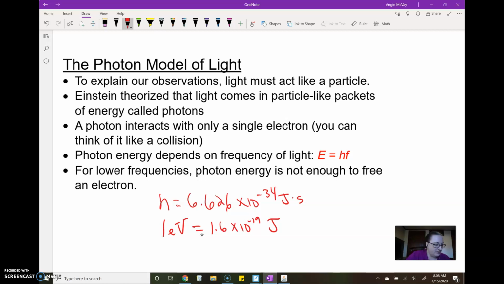Now, you may have seen this equation in chemistry class, looking at energy of photons, especially if you studied emission and absorption spectra. And so we're taking the physics view. I have a 10-year long argument with Mr. McQueen about this.